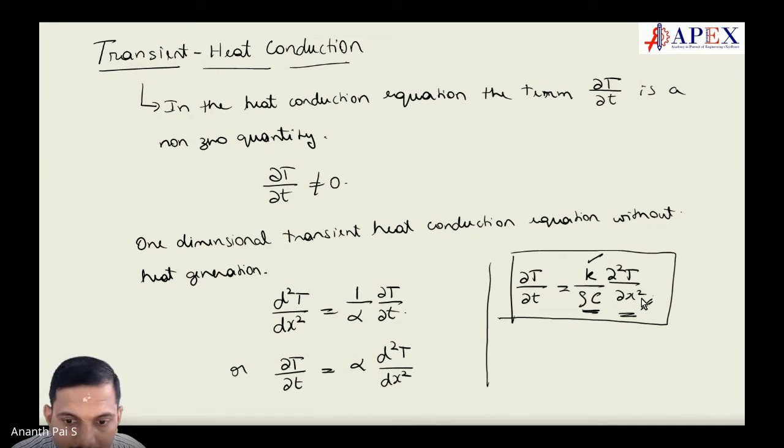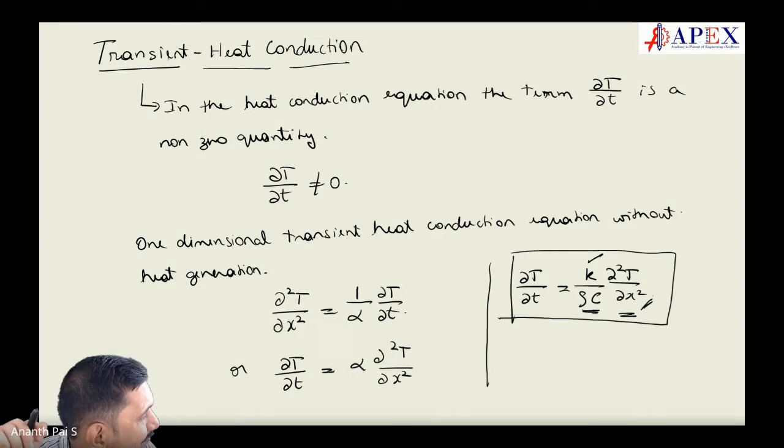dx square. Correct? Why am I having dou? Why should I put dou? Because T is also a function of time.